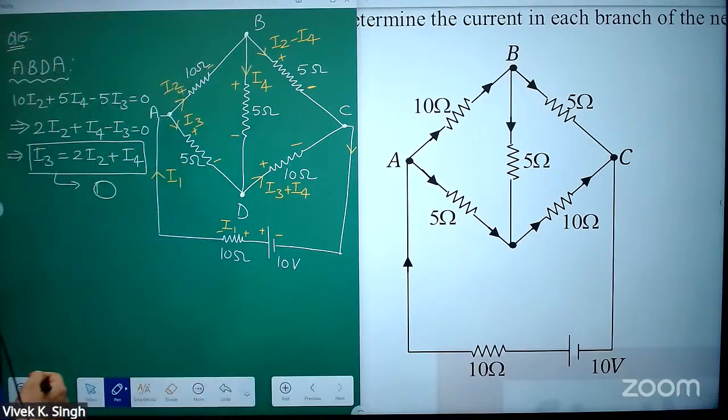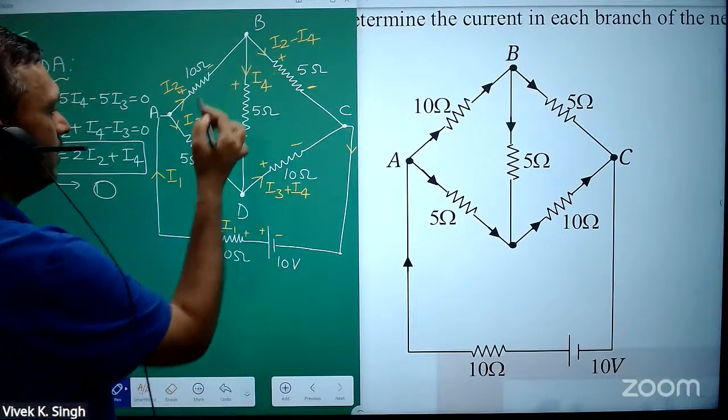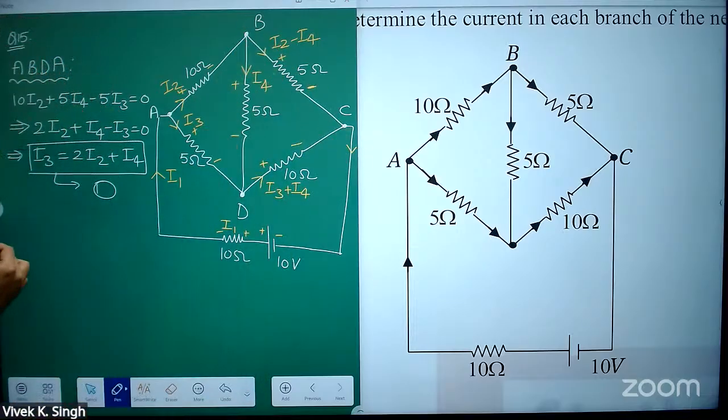Now you have second loop, let's say BCDB, this loop. Consider the loop BCDB.